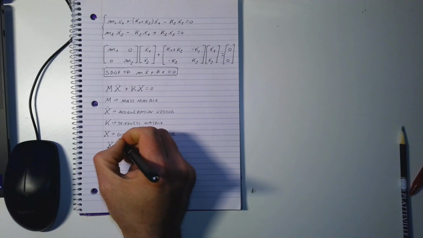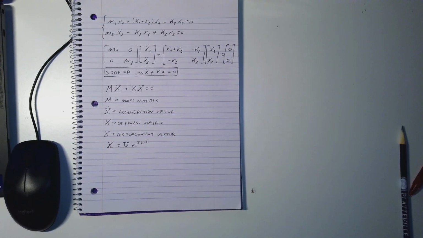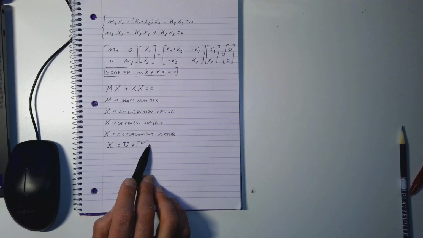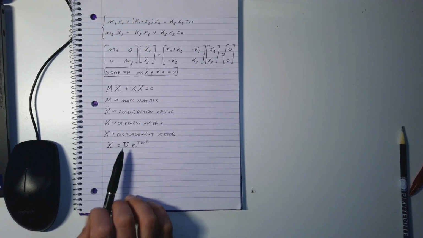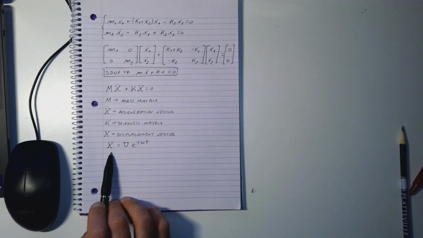This is a big U, or an uppercase U, and then times e to the power of j omega t. Of course, this is a vector, which means it has two elements, x1 and x2.